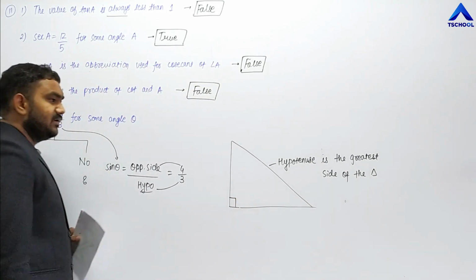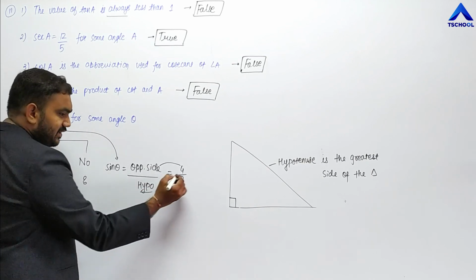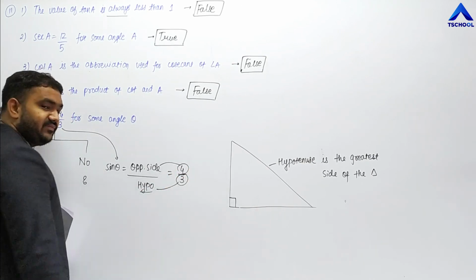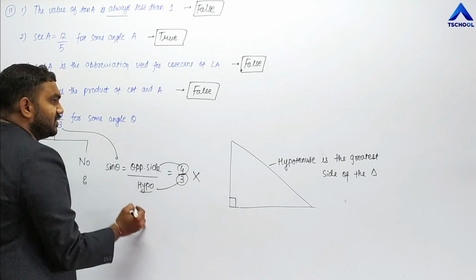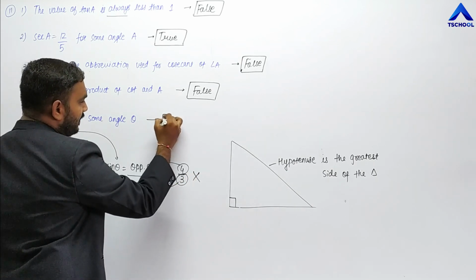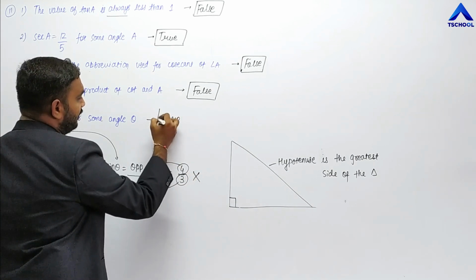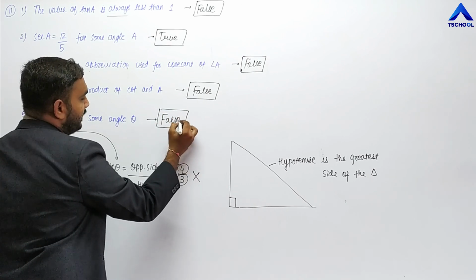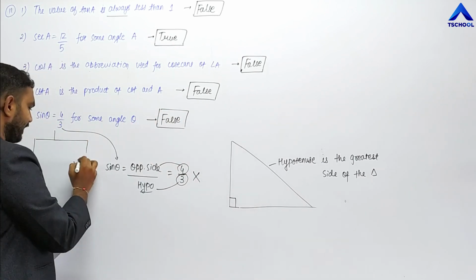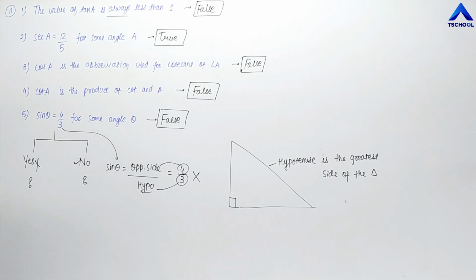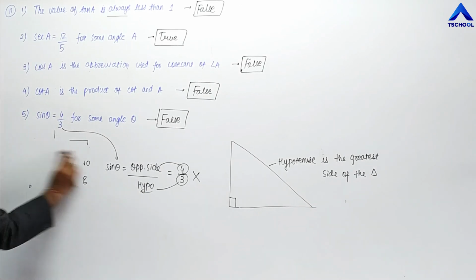So hypotenuse is the greatest side. Here hypotenuse is 3 and side is 4, which is not possible, and hence the statement is false. So those who have said no are correct, and those who have said yes are incorrect. Is it clear? So these are the answers to the true or false questions that we have seen in this exercise.